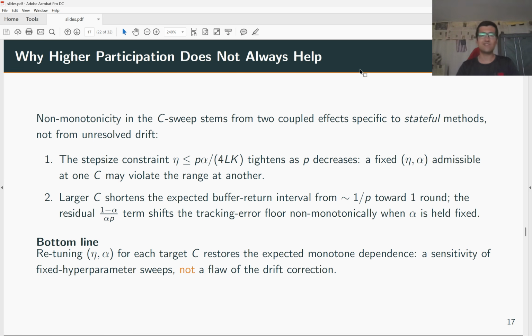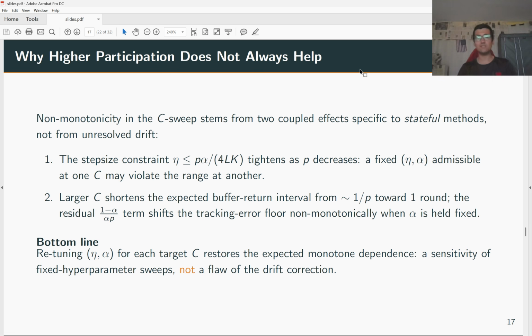First, our step size condition, eta at most P alpha over 4LK, tightens as P decreases. We held eta and alpha fixed across the sweep. So a learning rate that's admissible at one participation level can fall outside the valid range at another. And the per round dynamics shift exactly in the direction the bound predicts.